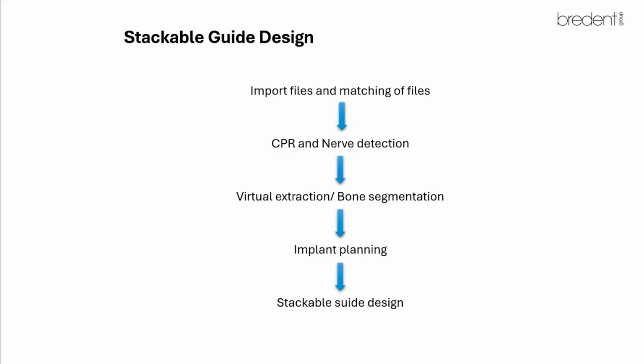The fourth module is all about bone segmentation. If you did not attend the segmentation module, it will be there on YouTube. You can check that. Even virtual extraction I have explained in module 2. You can see that module. And then after these procedures, we do implant planning and start designing the stackable guide.